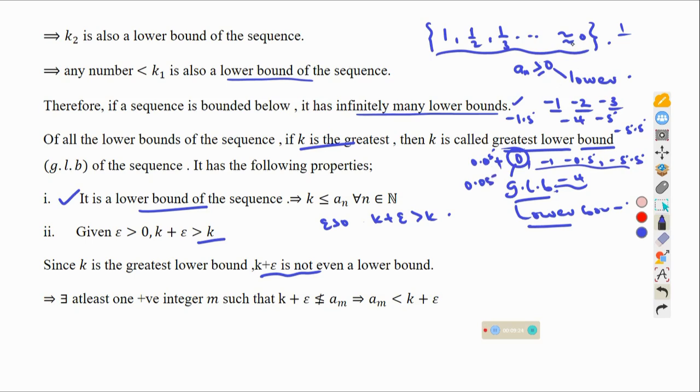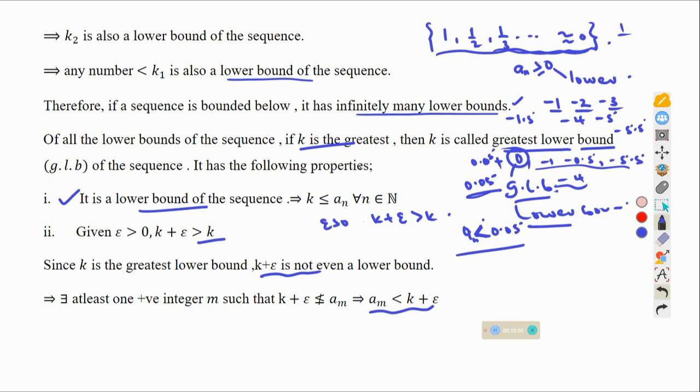So 0.05 surely cannot be a lower bound, because there will be some terms out of this sequence that will be less than 0.05.